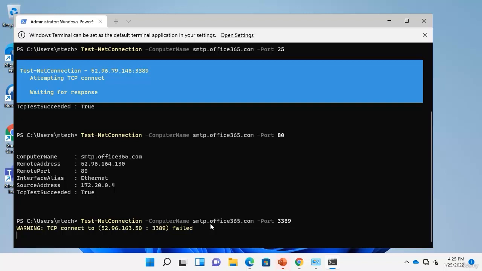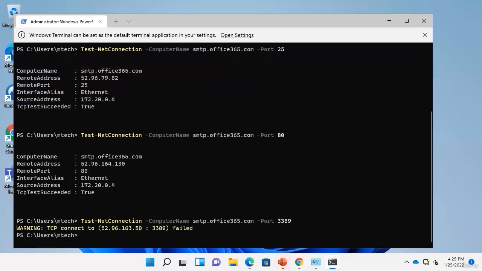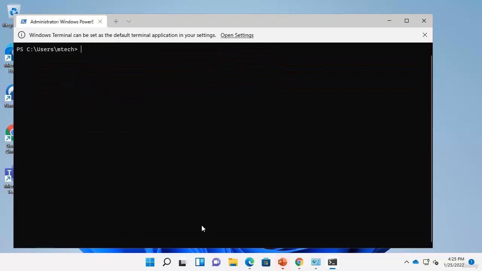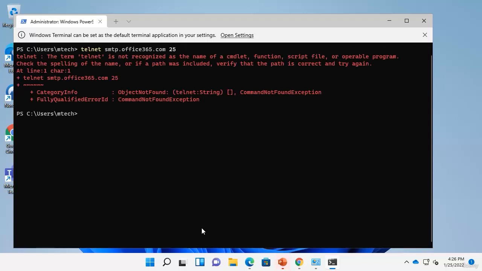Now, the older way of doing this was Telnet. Test-NetConnection in PowerShell is just a little bit easier to use. Well, let's go ahead and cancel out of that. But I'll show you Telnet as well. So you're going to go telnet smtp.office365.com, and then you just go port 25. Now that's if it's actually installed. In this case, it's not.